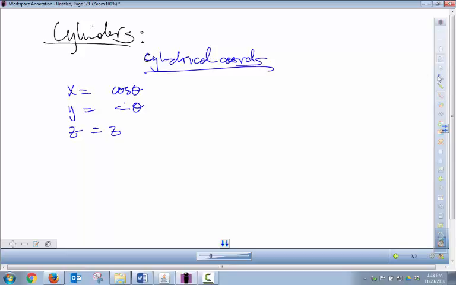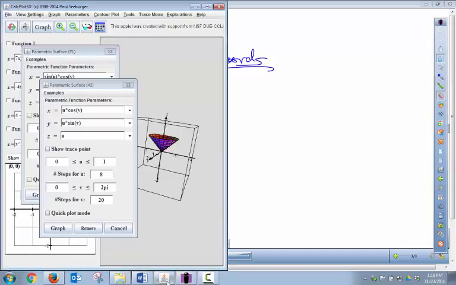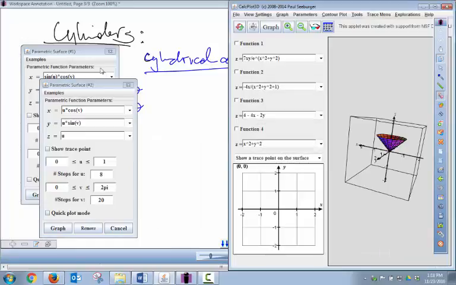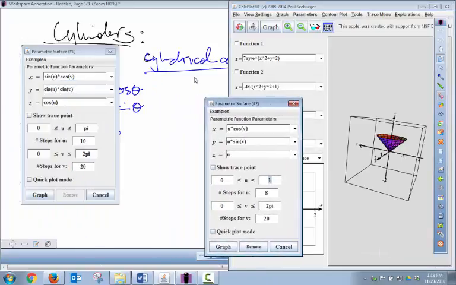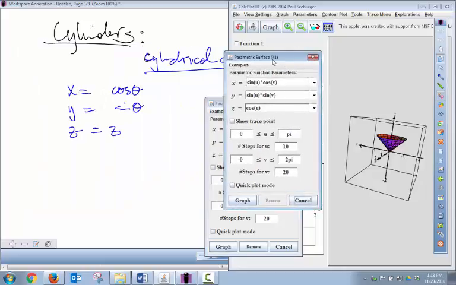So let's draw a cylinder on this graphing program. So cosine theta, sine theta, and z. Those are my two variables. I can decide which one's which.